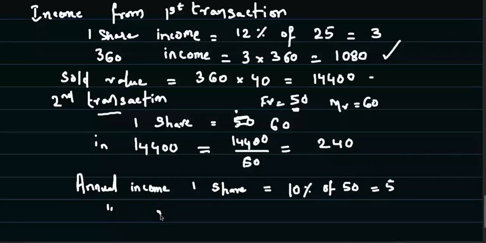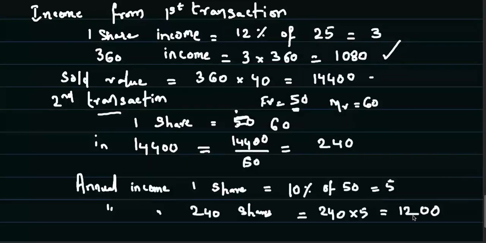Annual income from 240 shares will be equal to 5 multiplied by 240, 1200. So this is the annual income from the second transaction.